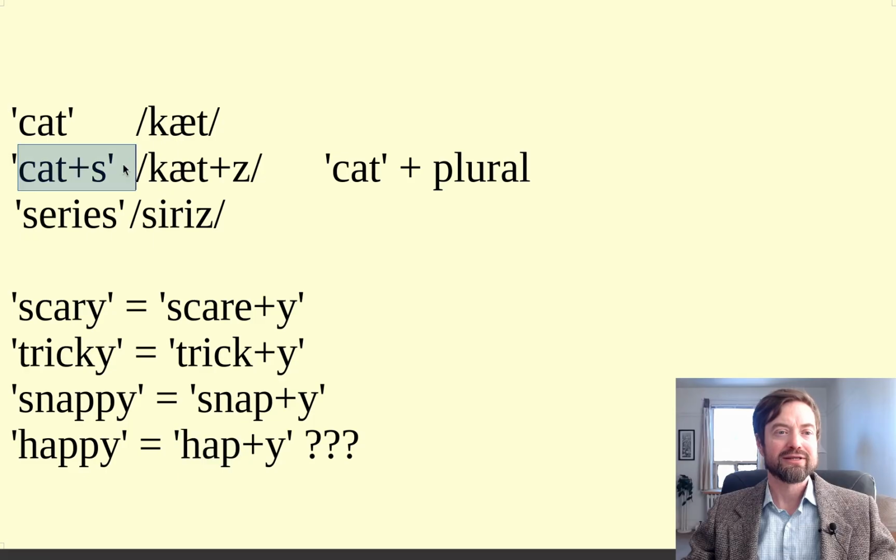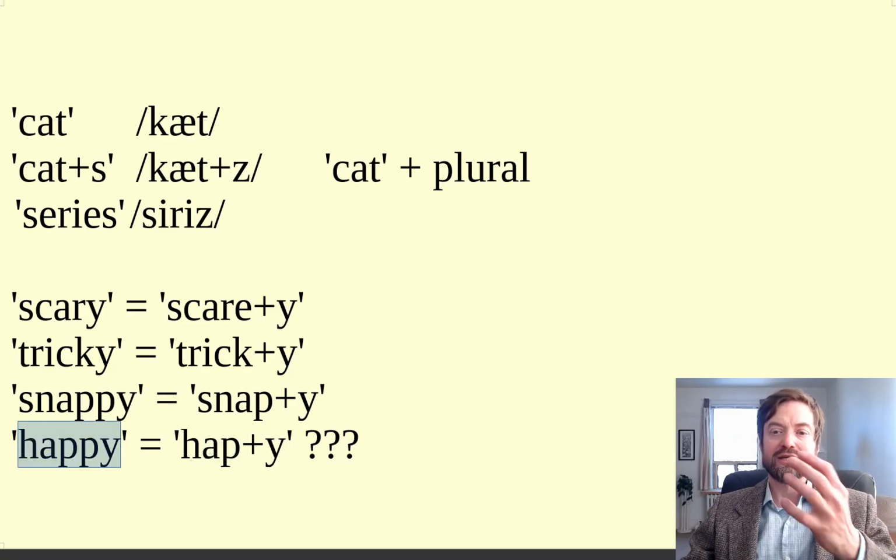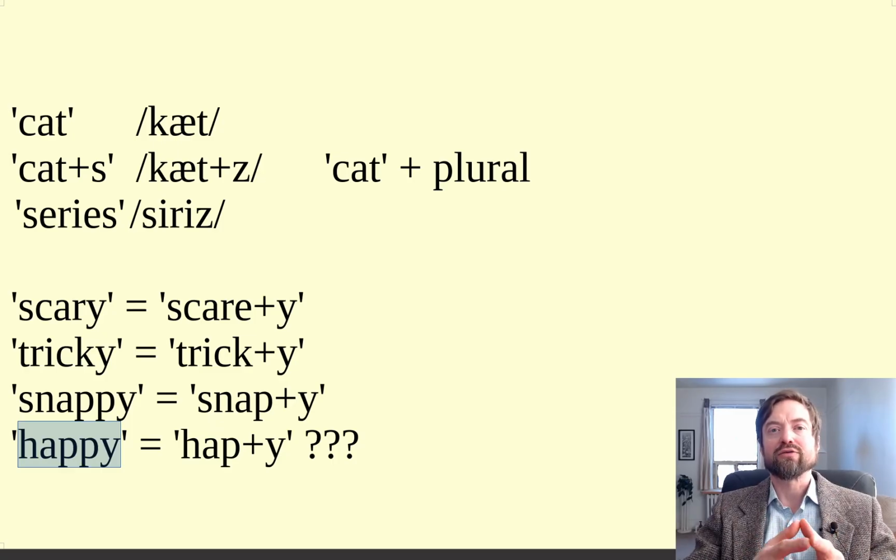Like here, cat is a thing, but the S in cats is not a thing like this. Scare is a thing, so we can make it separate. Trick, snap, but then what's hap? Typically this is analyzed as simply being one piece, because the idea is that in an English speaker's mind, there is no separate notion of hap by itself.